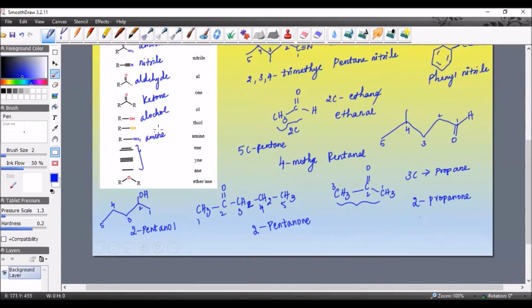Okay, we still have amine. So let's say we have this. Again, 1, 2, 3, 4, 5, right? It's the longest chain, which is pentane. And then you get rid of the E and write the amine last name. In this case, there's 2 amines, so you can just write pentamine. Pentanamine, I'm sorry.